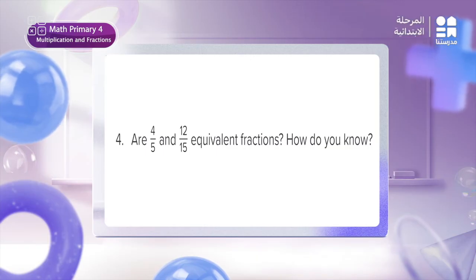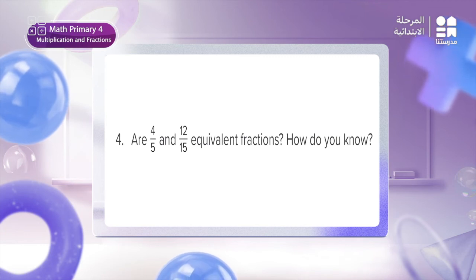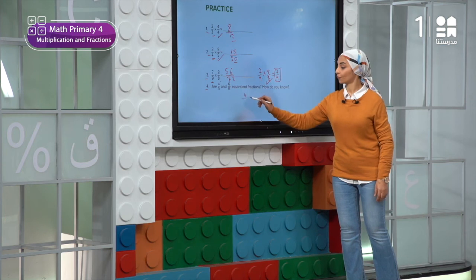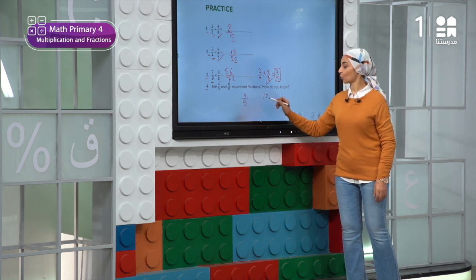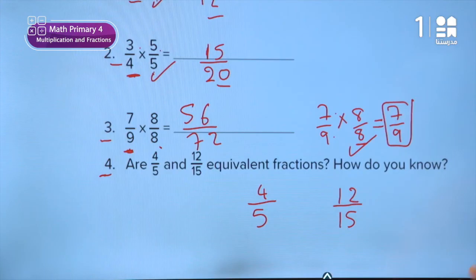Now let's move to problem number 4. Here in problem number 4, he asked me if 4 over 5 is equivalent to 12 over 15. So I have here 4 over 5 and I have 12 over 15. He wants to know if these two fractions are equivalent to each other. Well, we need to think about the first fraction.